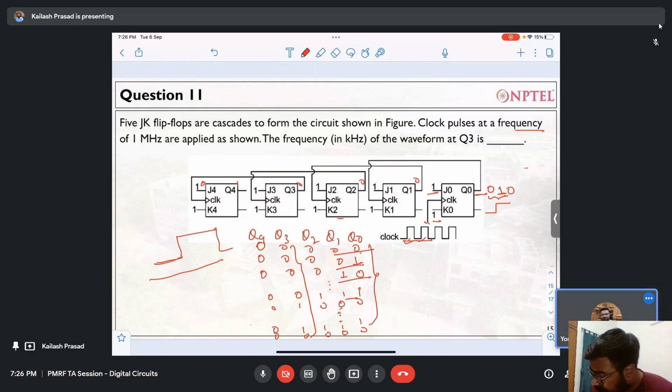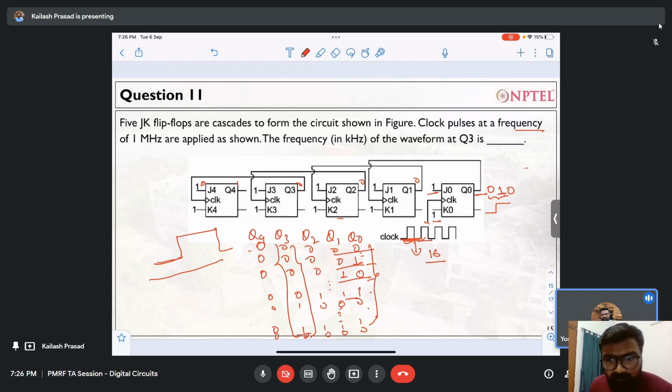So for completing one cycle of q3, how many times has the clock moved? Whatever we have written was on every clock cycle, so the clock cycle count was 16. After 16 clock cycles you get this 0 value again.